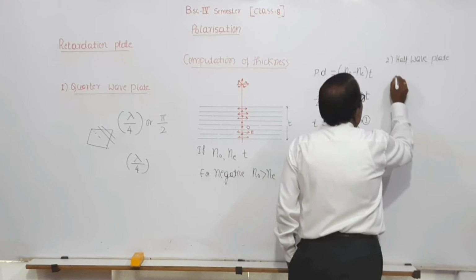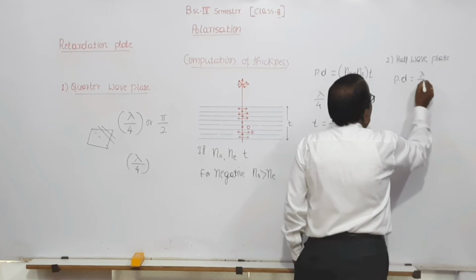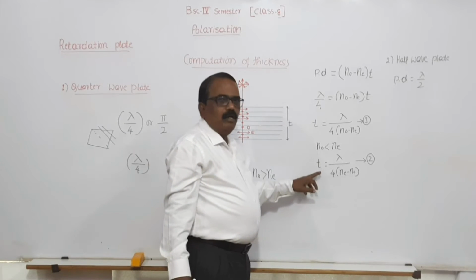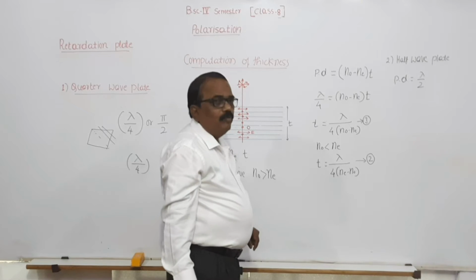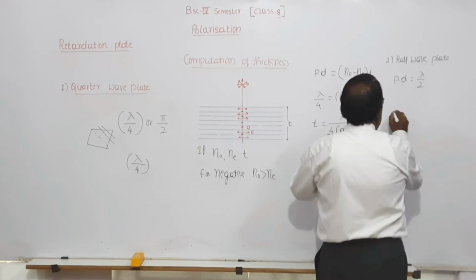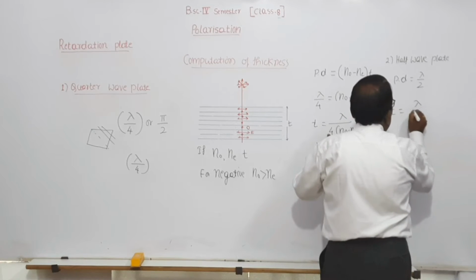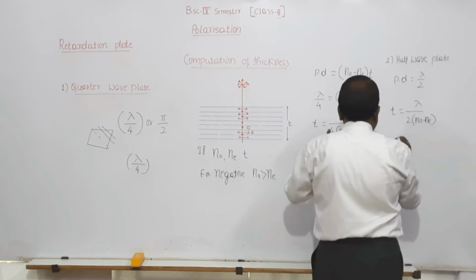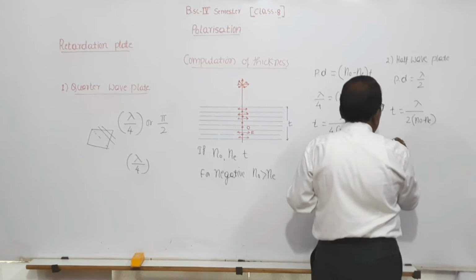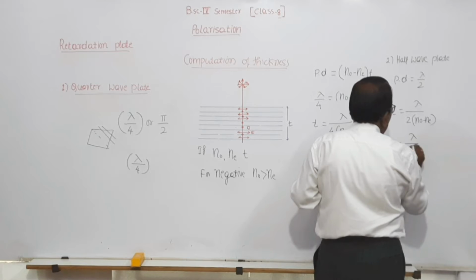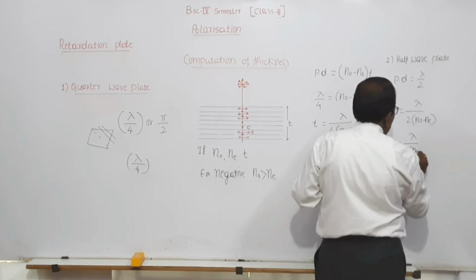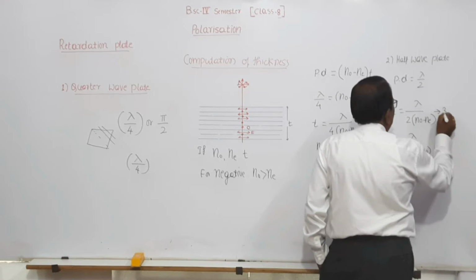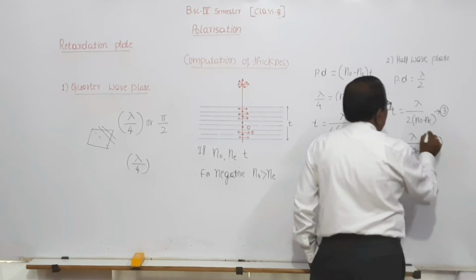For a negative crystal and a positive crystal, for the half wave plate, it becomes: thickness T is equal to lambda upon 2 into NO minus NE for the negative crystal, and for the positive crystal, T is equal to lambda upon 2 into NE minus NO. Call this equation 3 and the other equation 4.